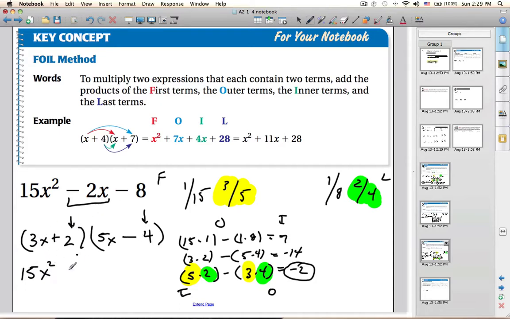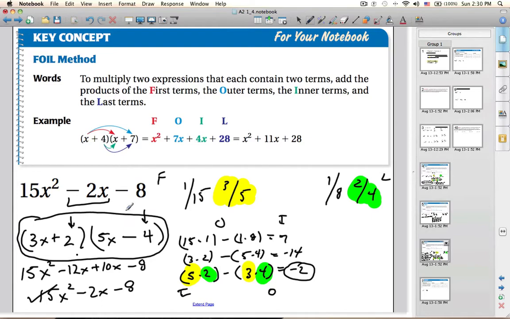I have 3x times minus 4, that's minus 12x. I have 2 times 5x, that's plus 10x. And then I have 2 times negative 4, that's minus 8. I have the correct constant. When I combine outsides and insides, I get 15x squared minus 2x minus 8. That is what I originally started with. It checks. So this is my correct factorization.